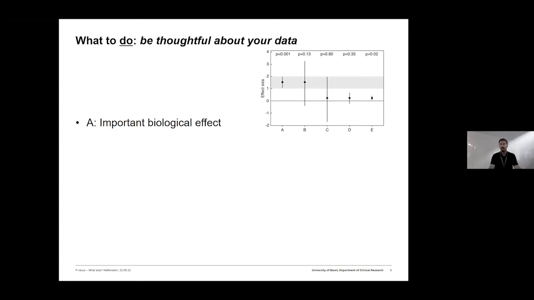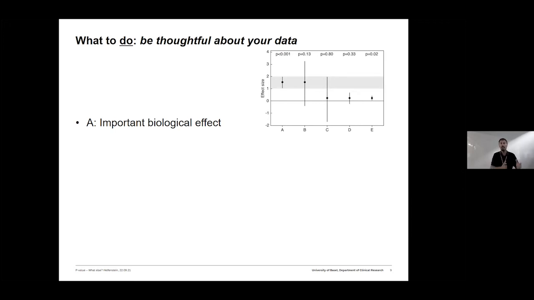So in the case of the scenario A, you have potentially a large biological effect. That's a potentially important effect. You have some uncertainty, but you can be relatively confident in saying that given your data, given the compatibility interval, given the point estimate, if anything, the suspected effect is likely large and likely relevant and important.